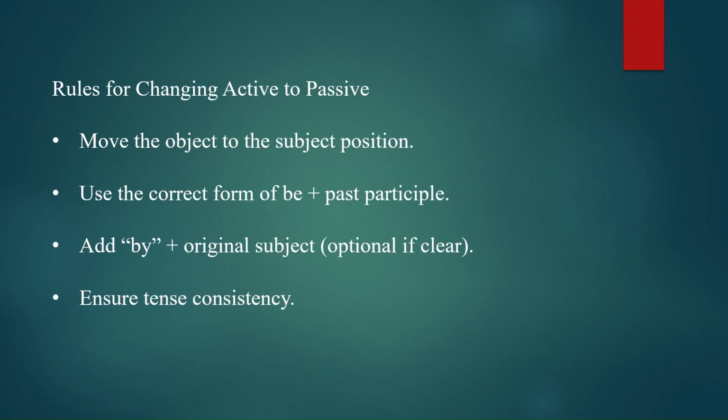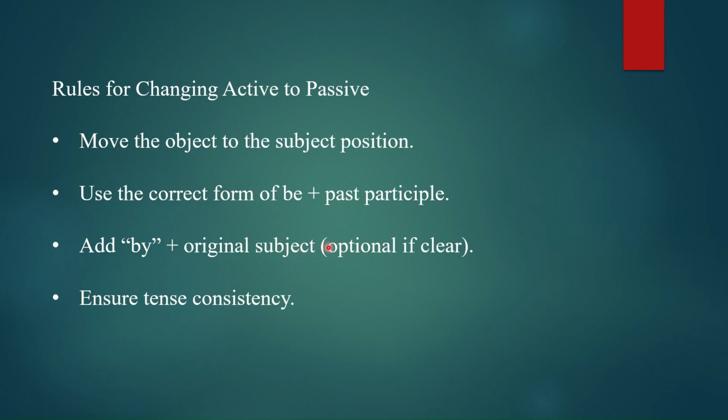Let us look at the rules for changing active to passive. Number one, move the object to the subject position. Then, after that, we will use the correct form of be plus a past participle. Then later, we add by plus the original subject.